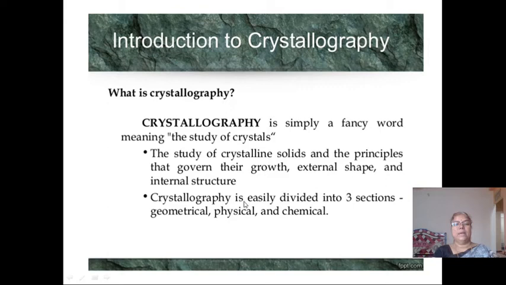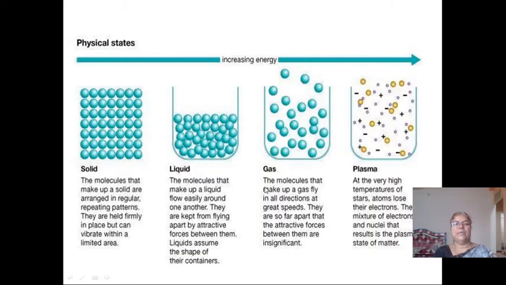And crystallography is again divided into three sections, that is geometrical crystallography, physical crystallography and chemical crystallography. And here you are concerned with the study of geometrical crystallography in this chapter.